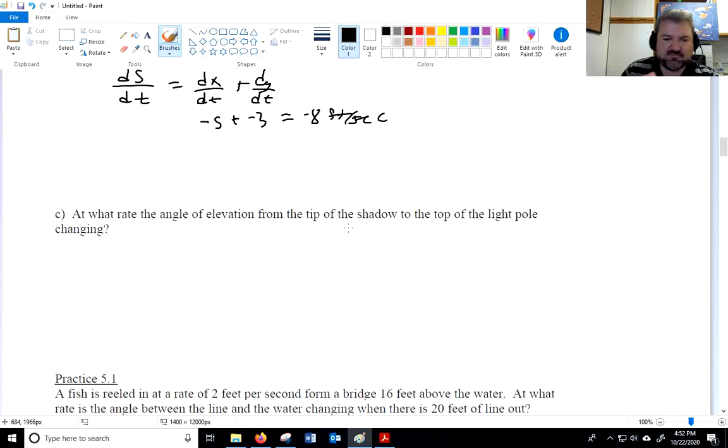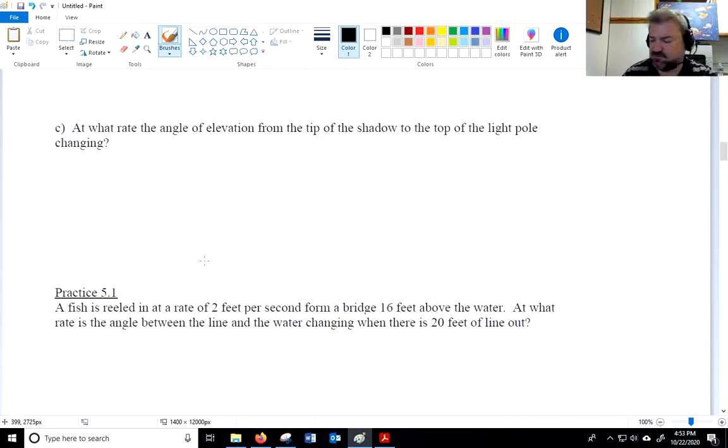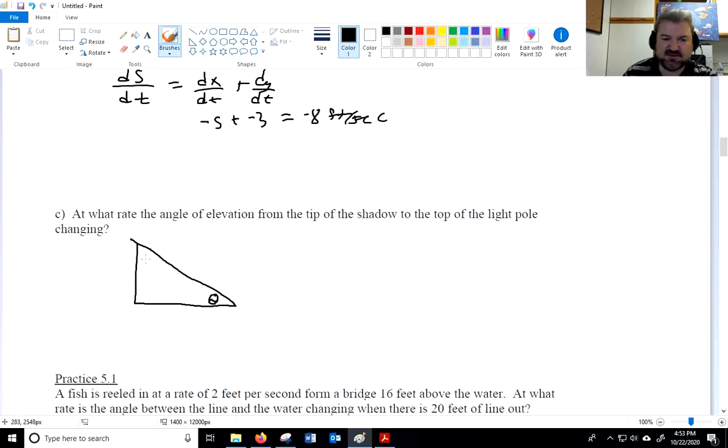All right, last one. At what rate does the angle of elevation from the tip of the shadow to the top of the light pole change? Okay, well then that's a different story, right? So we've got the angle of elevation from the tip of the shadow to the top of the light pole. Well, do you remember how tall that light pole was? It was 16. That's constant, right?